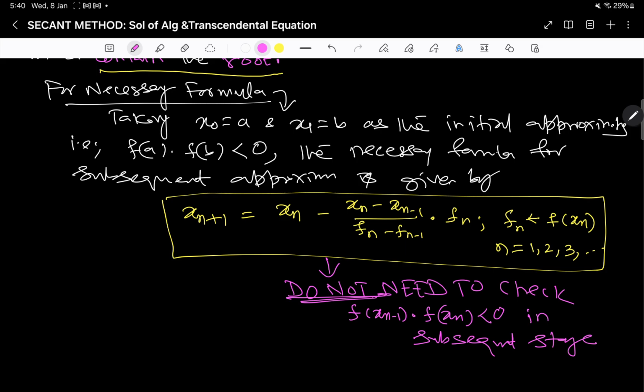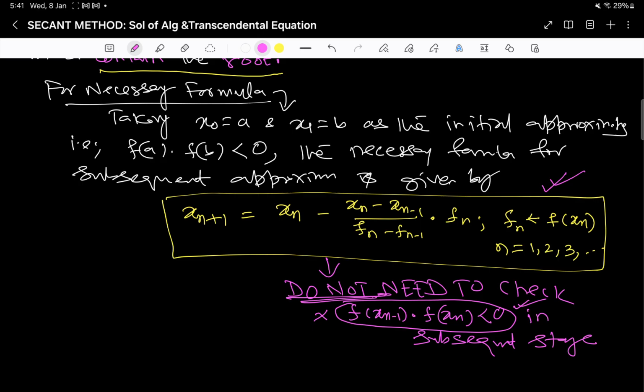This is the difference here. In the previous regula falsi method we always check it, but here we just relax this condition. We do not bother about whether the root lies in this interval or not. The formula is the same, but we ignore this check. This is why this method is an improvement.